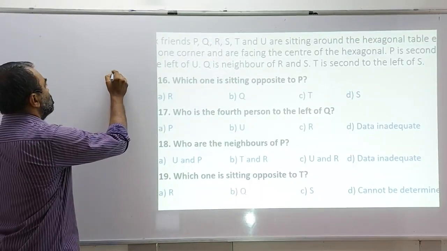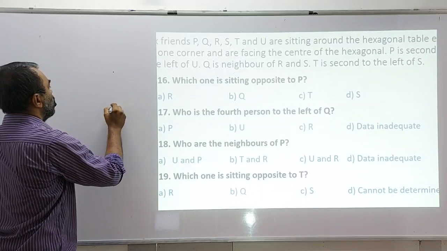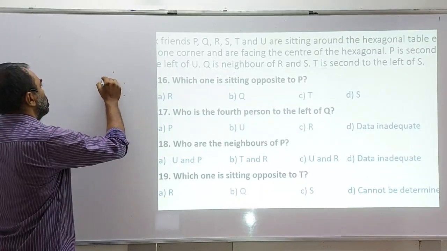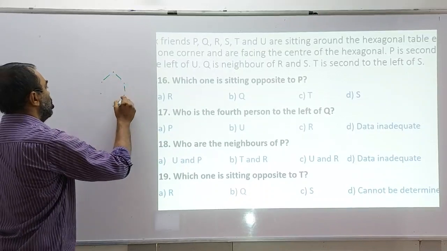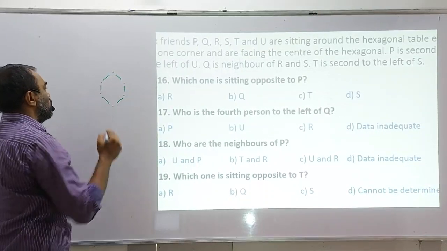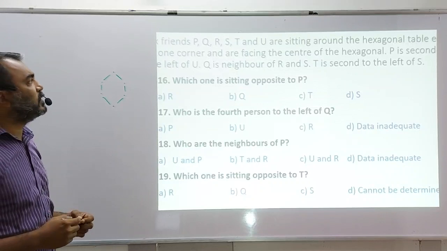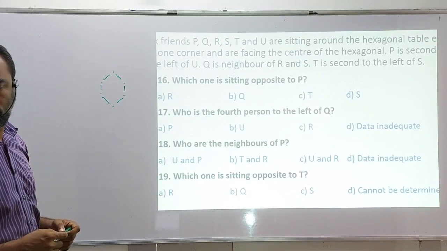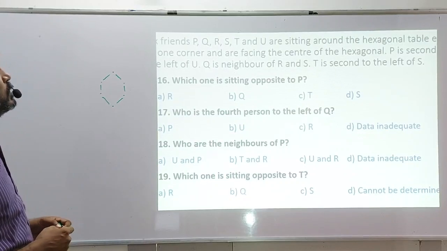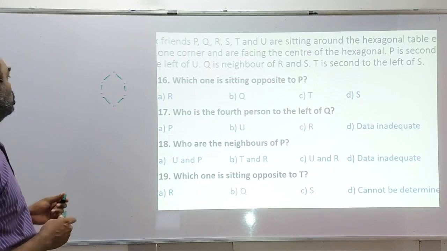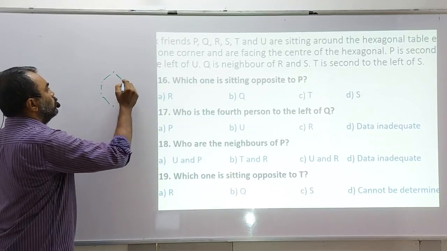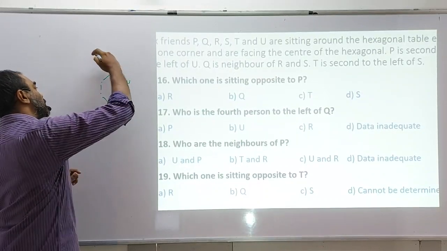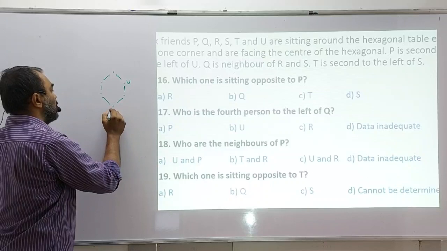Hexagonal means what we did before, like on a circle, all facing the center. P is to the second left of U. So wherever U is, suppose I put U here, and this is the right side, this is the left. P is to the second left of U.